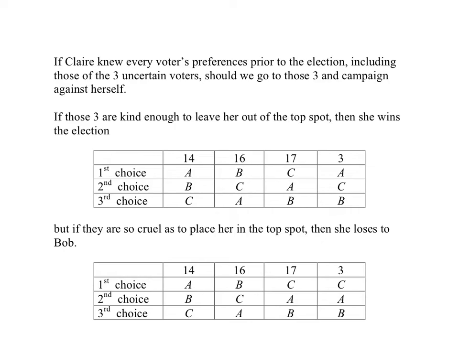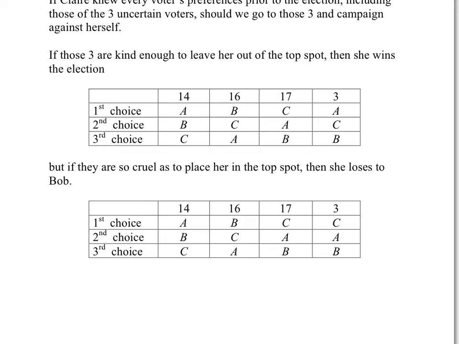Phrasing it that way not only expresses this scenario in terms of one election, where there's case 1 versus case 2 as to how those voters are actually going to vote on election day. Now they're uncertain, but they're going to choose one way or the other. When you phrase it that way, it makes clear how this makes sense for a single election, and also why it's so irrational that Claire should have to worry in this way and try to persuade voters not to support her too strongly, so that she can win.